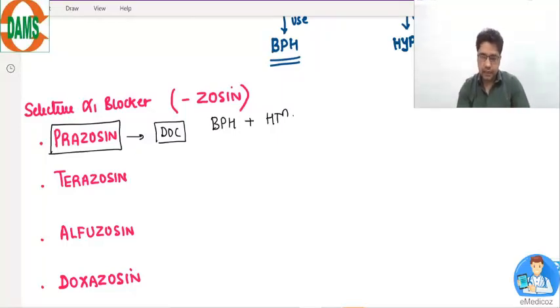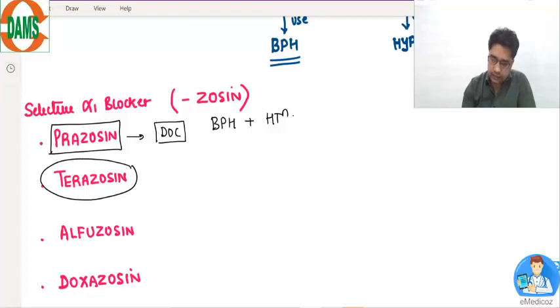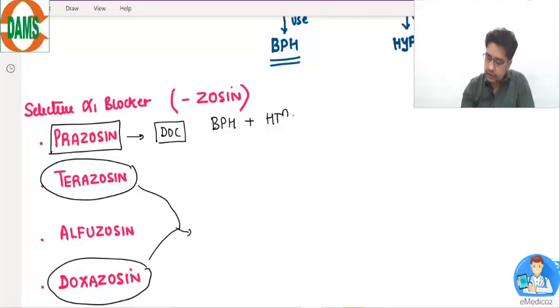Second point, we will write that this terazosin and this doxazosin, these two drugs have additional apoptotic activity on prostate.